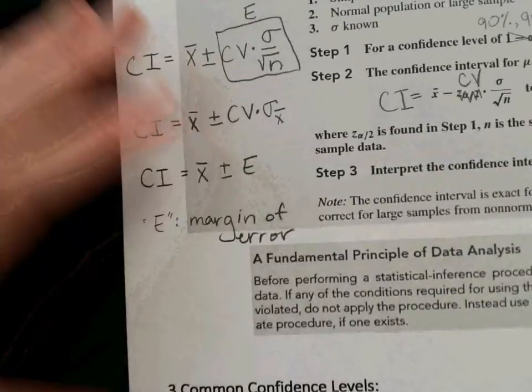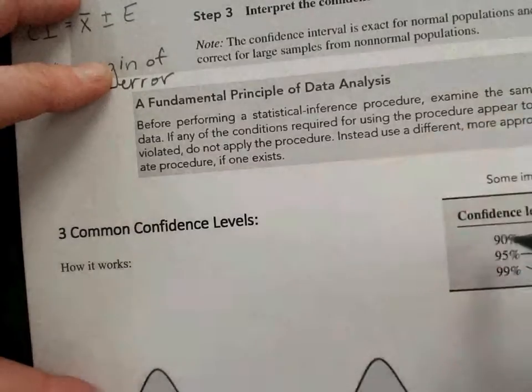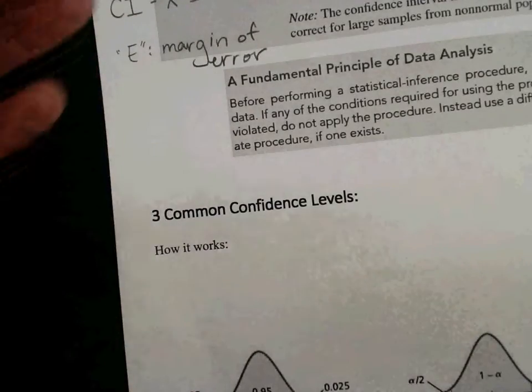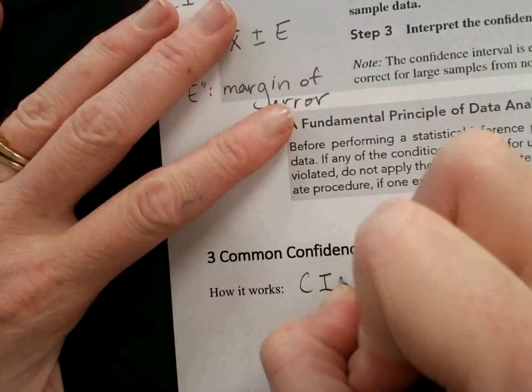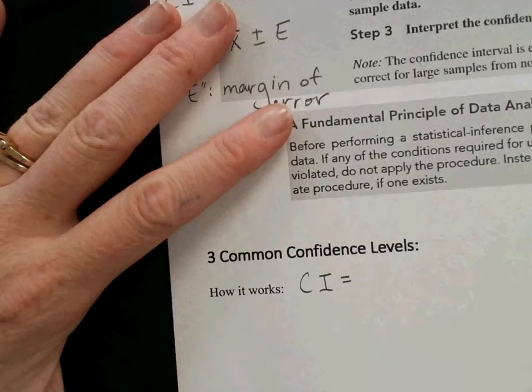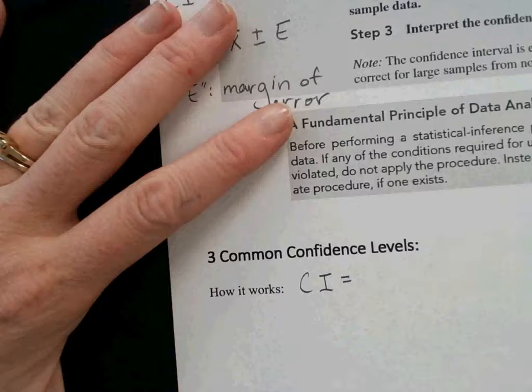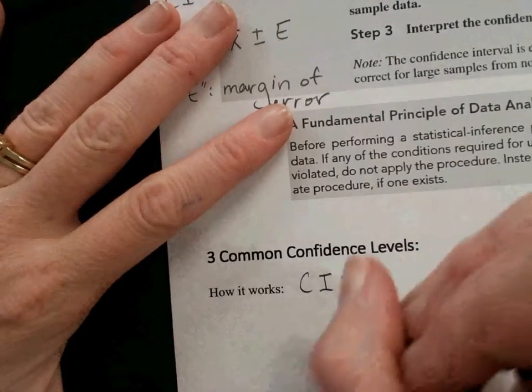So here are the 3 confidence levels in this chart, and we'll walk through an example. So the confidence interval for, let's take a look at my X bar. My X bar was 237. So for our marathon runners, let's just write it out first.